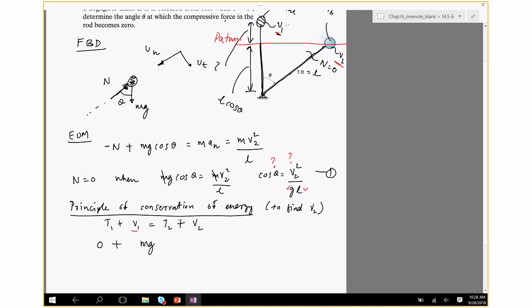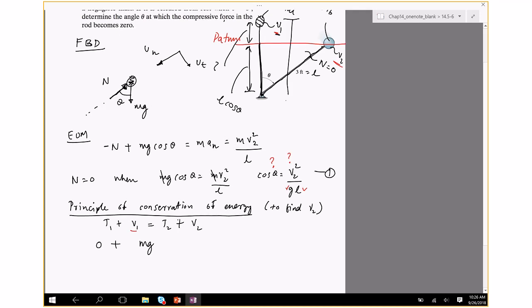But we also know that the length of the pendulum is L. So this distance, which is the unknown, x or y if you like, is going to be L minus L cosine theta. Can you see it? L is the length of the pendulum minus this distance, L cosine theta. So L minus L cosine theta.